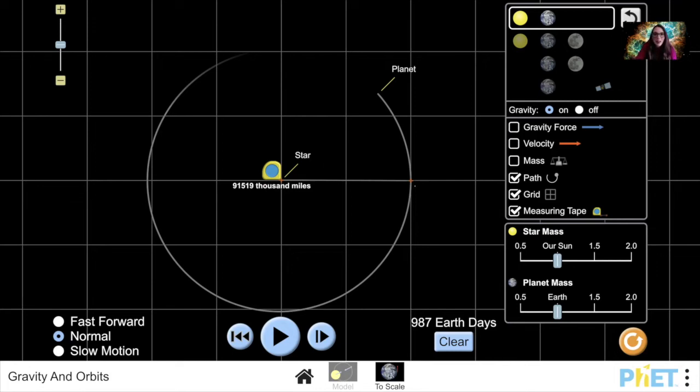At its furthest approach from the sun, what we call aphelion, the Earth is sitting at a distance of, let's call that 95,000 miles. There's just a tiny bit of difference between when the Earth is at perihelion and when the Earth is at aphelion. Let's talk a little bit more about the Earth's perihelion and aphelion.